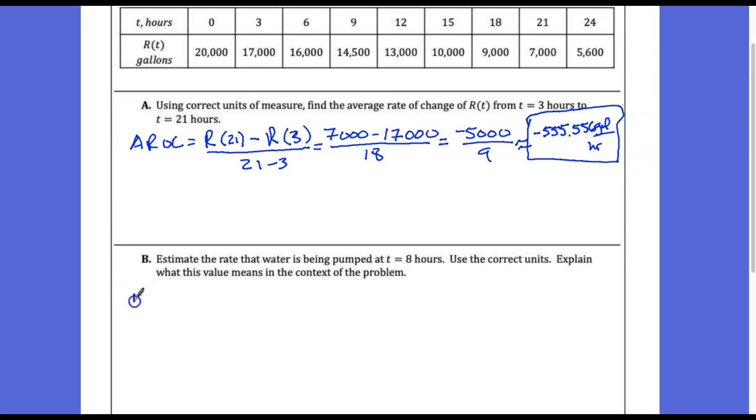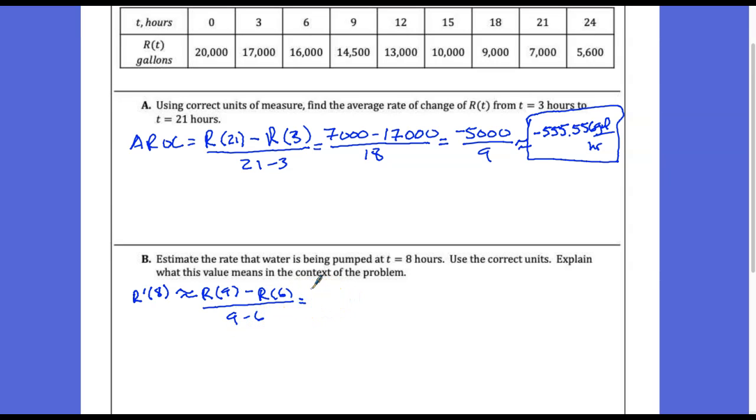And so what we can say is that the instantaneous rate of change, R prime of 8, will be approximately equal to the average rate of change over the interval from 6 to 9, the smallest interval containing 8. So we go R of 9 minus R of 6 divided by 9 minus 6.